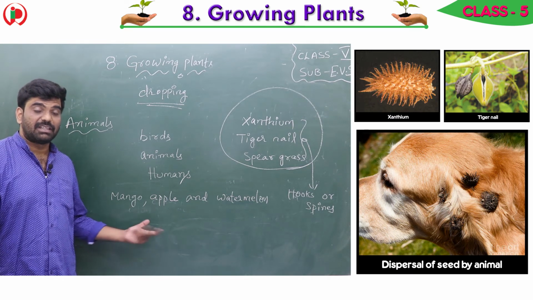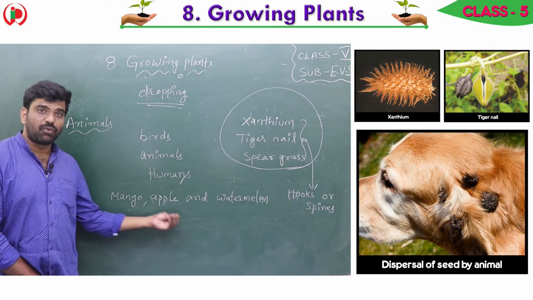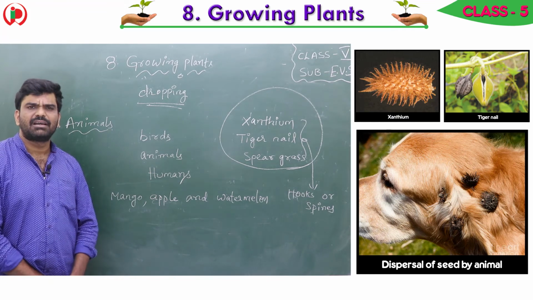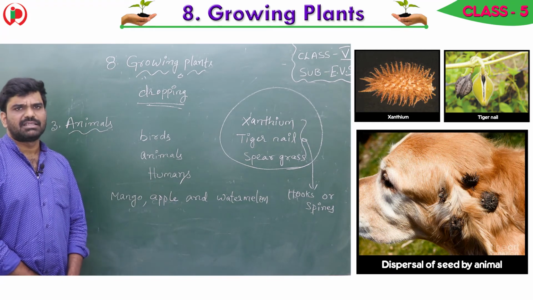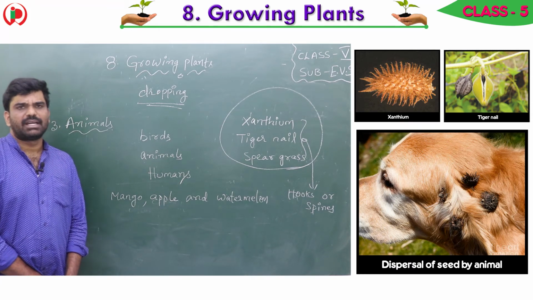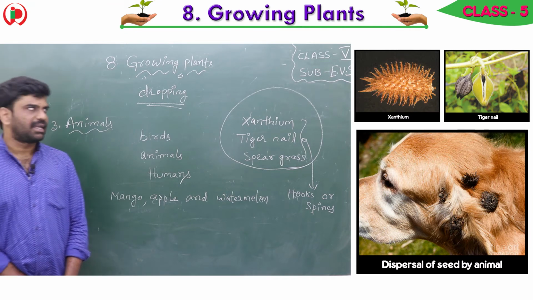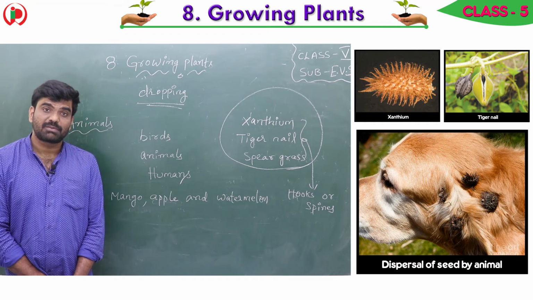In the first case, by eating fresh and juicy fruits like watermelon, apple and mango, we throw away the seeds. We won't eat the seeds. So we are helping the plants get their seeds dispersed. In the second case, xanthium, tiger nail and spear grass have hooks or spines.